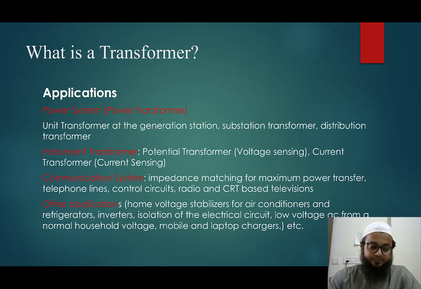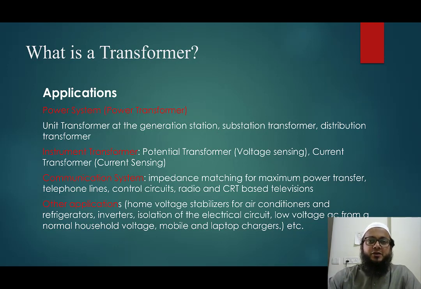It has a lot of applications. The very first and foremost application is in the power system. The electrical energy which we get today is from various thermal power plants, as we discussed in the beginning of the discourse. Power is generated at various power plants at a particular voltage, and the highest possible voltage available is around 25 kV or at most 33 kV.